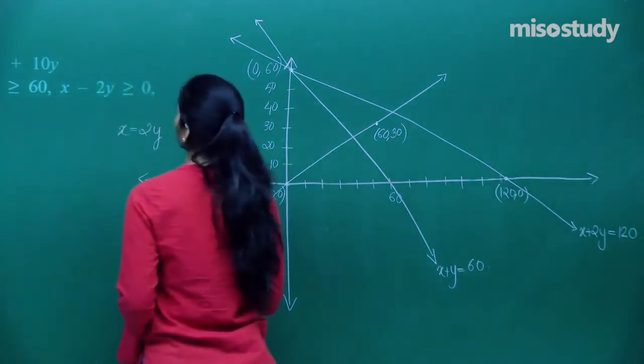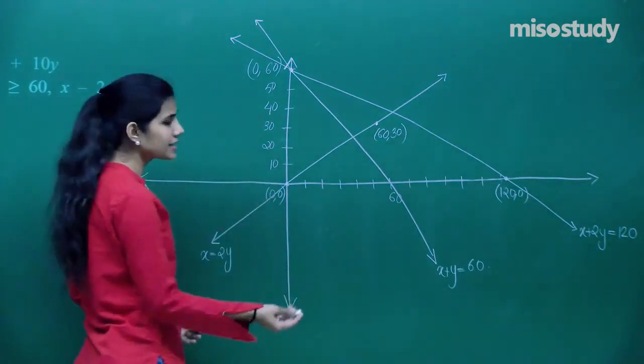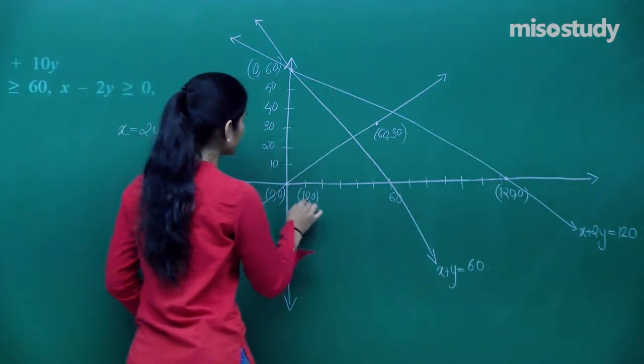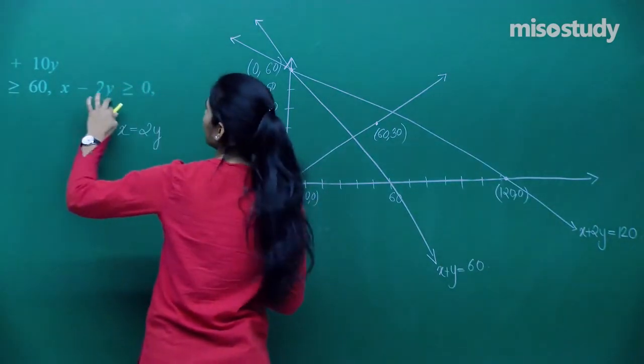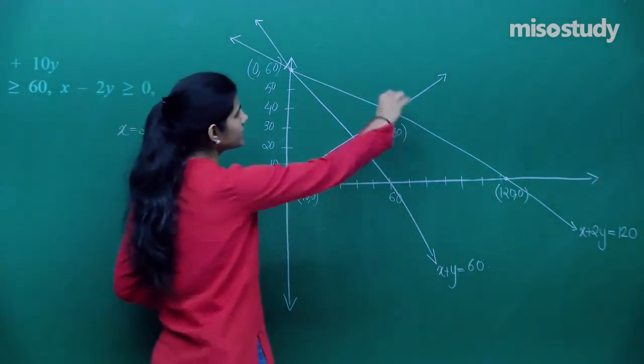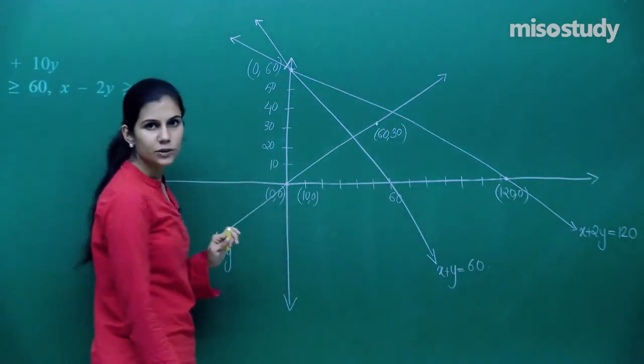I want x minus 2y greater than or equal to 0. This line is already passing through the origin, so let me consider a point not lying on this line, say 10 comma 0. When you put x equals 10, y equals 0, 10 is greater than 0, that is true, so everything below this line is going to be the region represented by x minus 2y greater than or equal to 0.